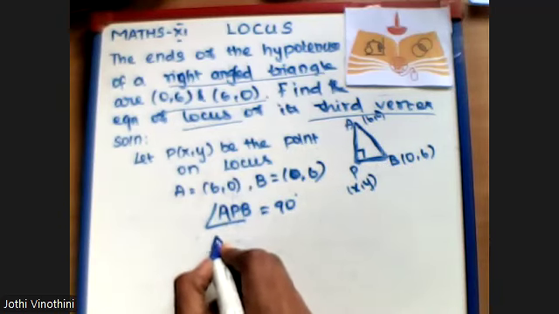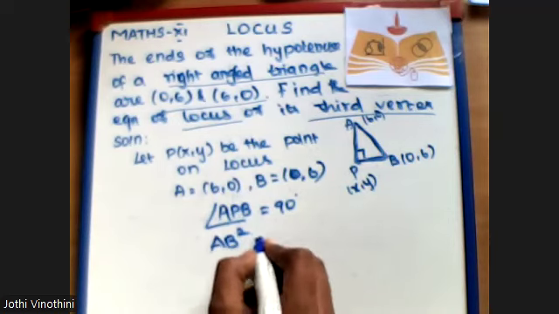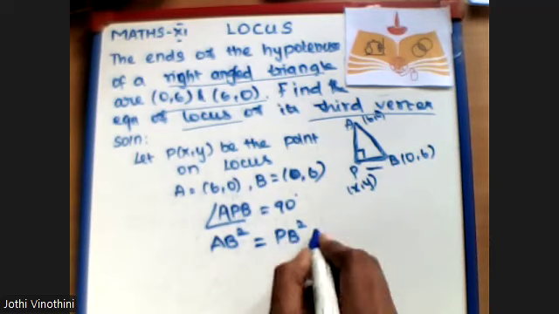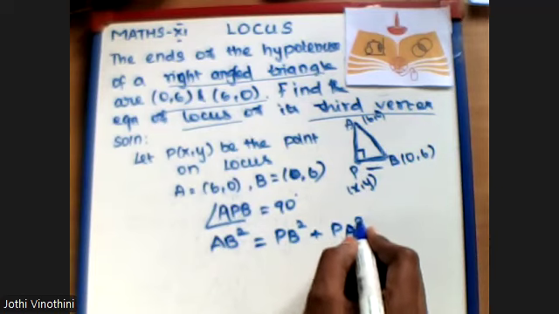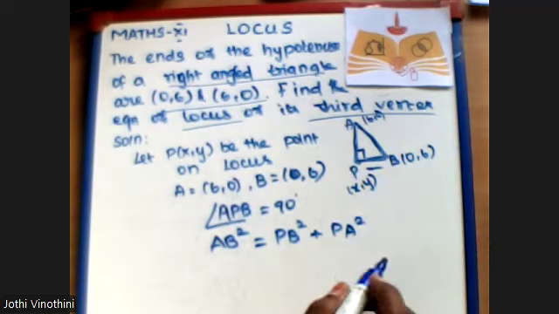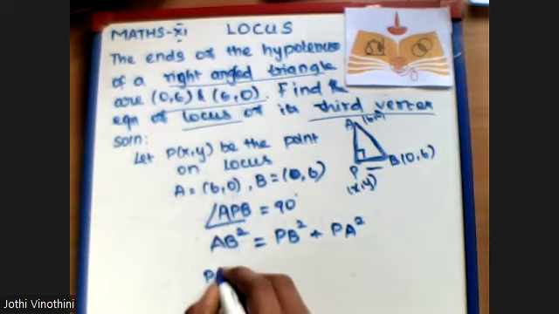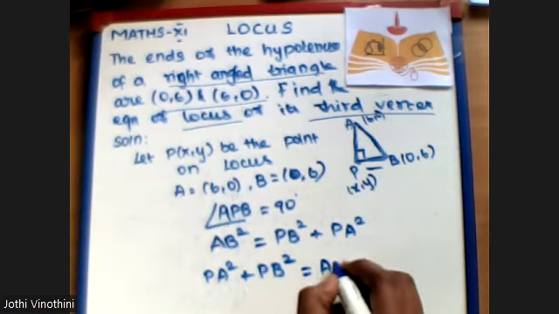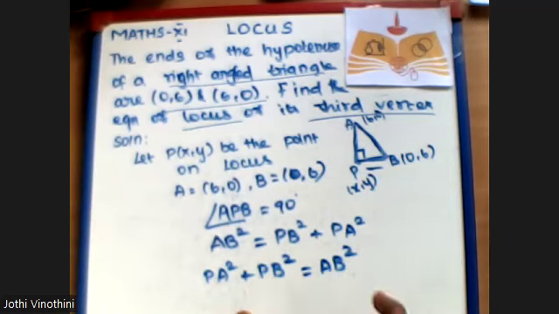So AB squared will be equal to PB squared plus PA squared. Shall I rewrite this? Yes. So, like the previous sum, we have this formula: PA squared plus PB squared is equal to AB squared. Right? So I will give you 1 more minute so that you can copy this and we move to the next part of the sum.